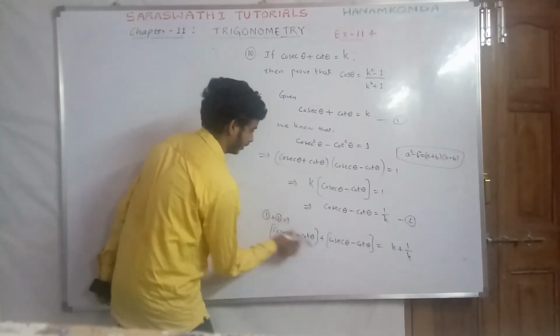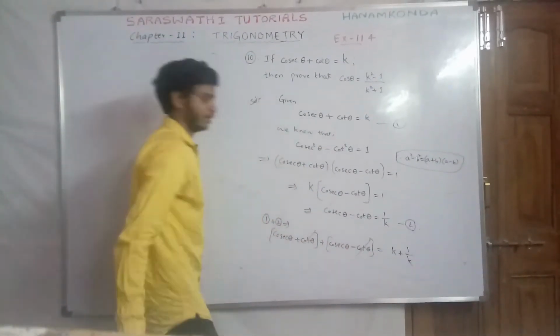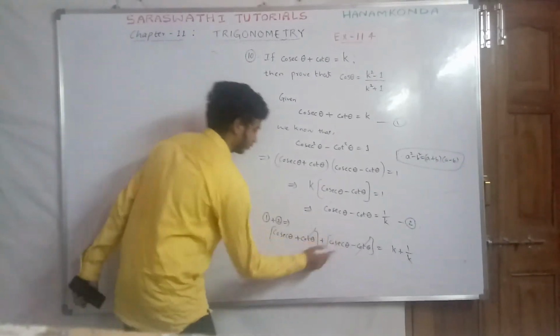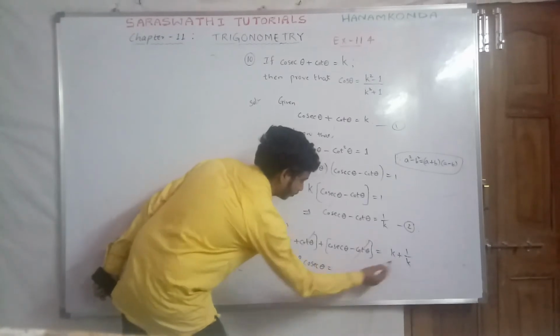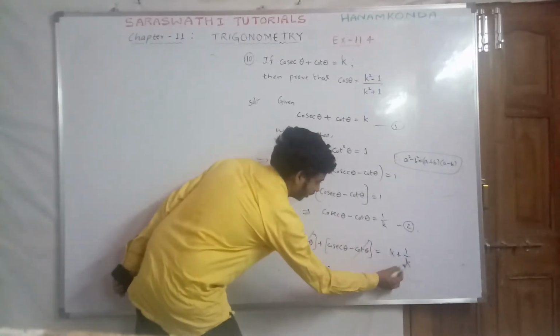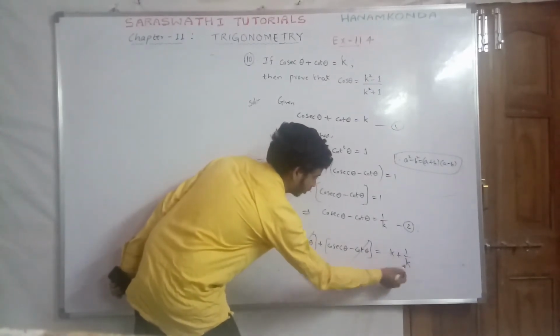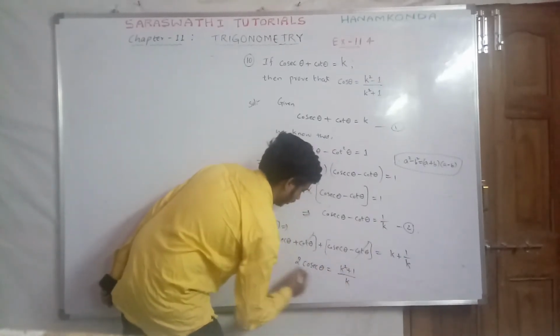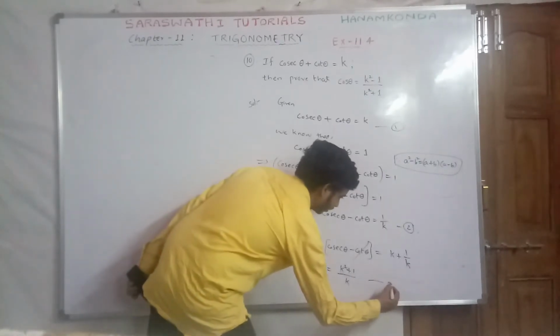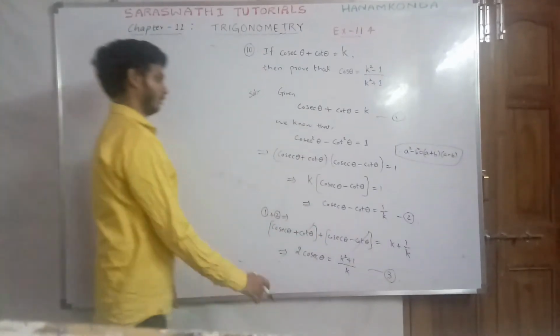If we add first and second, cot theta gets cancelled. Now cosec theta plus cosec theta is 2 cosec theta equal to k square plus 1 by k. Let us take this as the third equation.